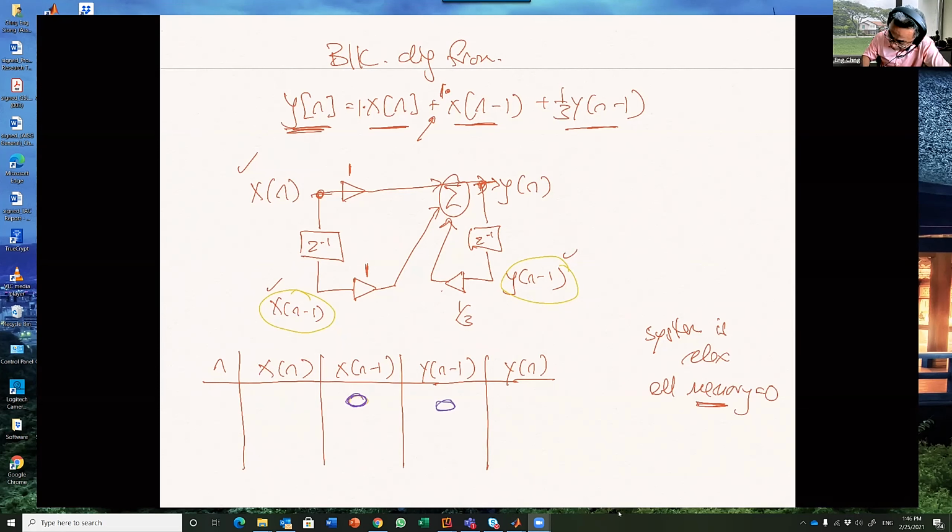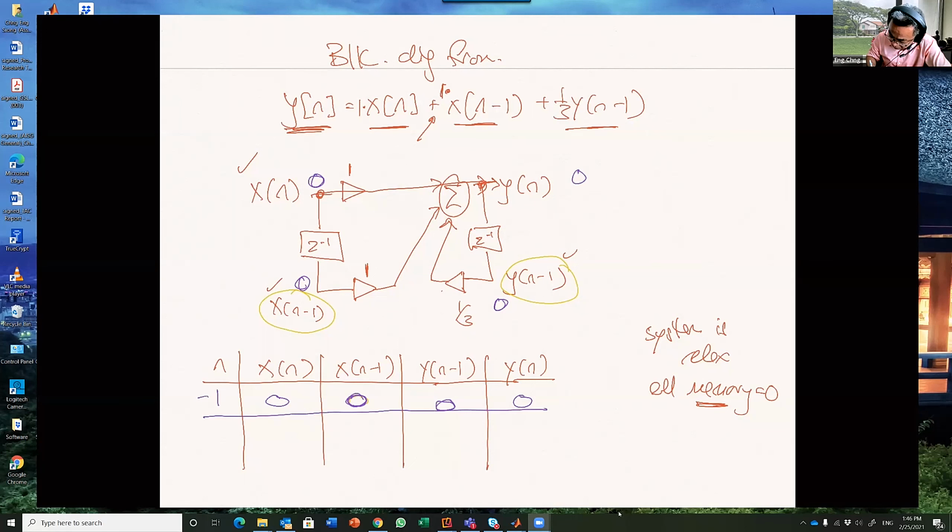So this is 0, and we start with 0 here. Then x[n]: at time n equals -1, this is 0, and therefore the output is of course 0, because if this is 0, this is 0, and this is 0, the output will be 0, because nothing is being multiplied and nothing is being added.